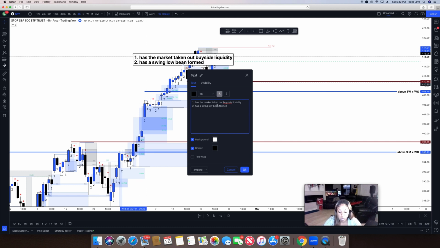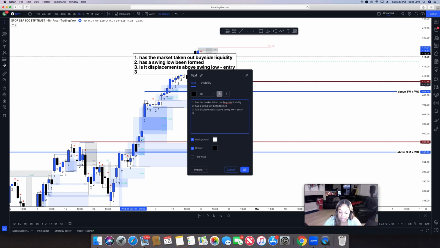From the third point, is there displacement, which means are there fair value gaps above the swing low? Because that's where you're going to enter from. Okay, so that can be your entry for the ICT sell model.